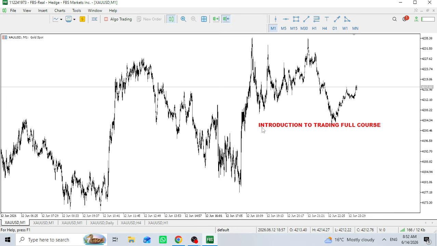But if 90% of traders are losing money, then that is where the brokers take advantage and start providing the liquidity for you. If you are losing money, instead of that money going to the market, they provide their own liquidity, and if you lose, they make money.